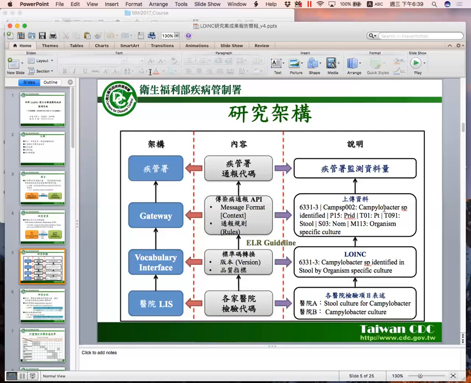Usually very few. But I have to say that our LIS system is better than the US one, because in Taiwan it is too busy, with too many patients in hospitals. There is no way without a computer.